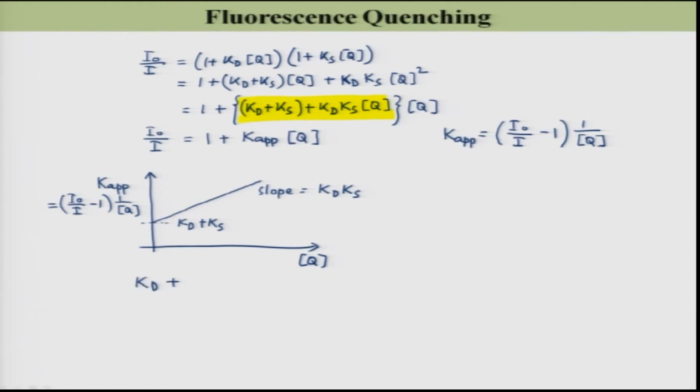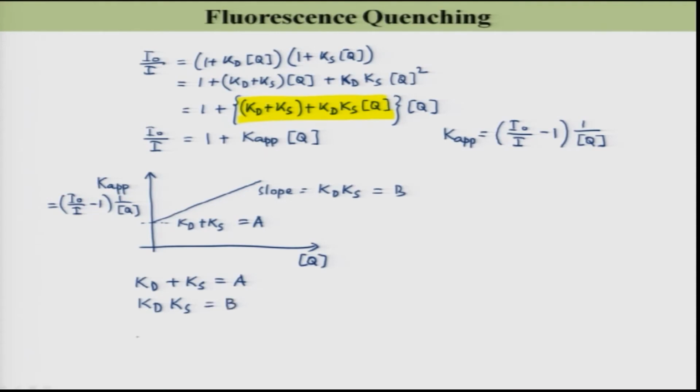Now, if I get this value Kd plus Ks and Kd Ks as A and B, let us say Kd plus Ks equal to A, and Kd Ks equal to B, because the slope will give some value from the graph.